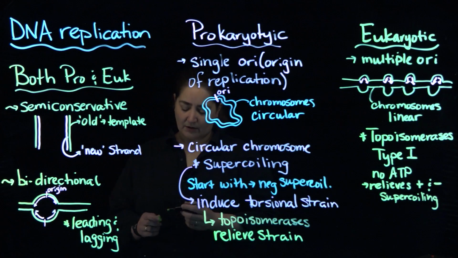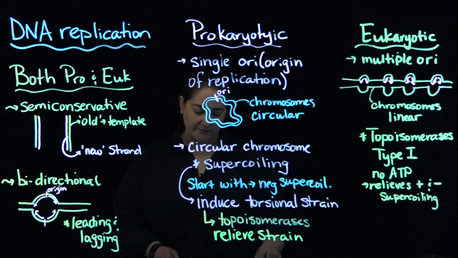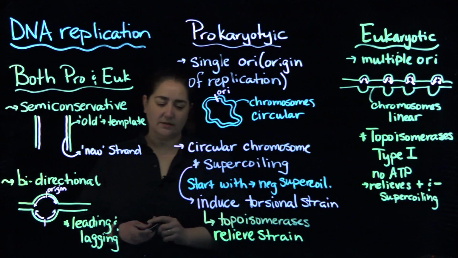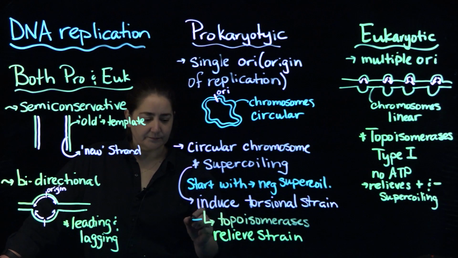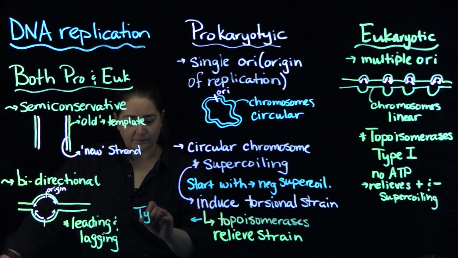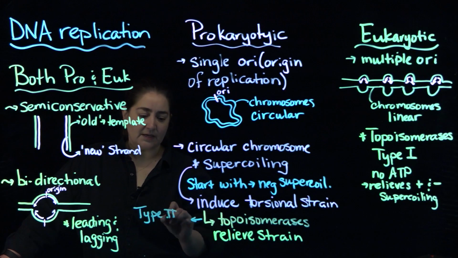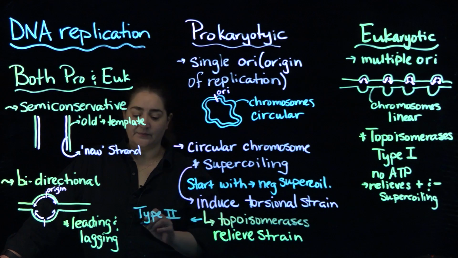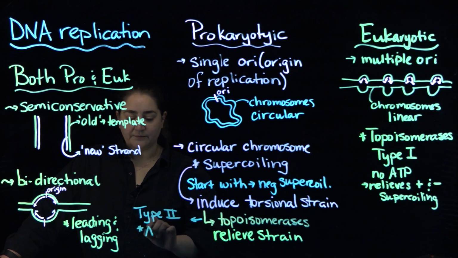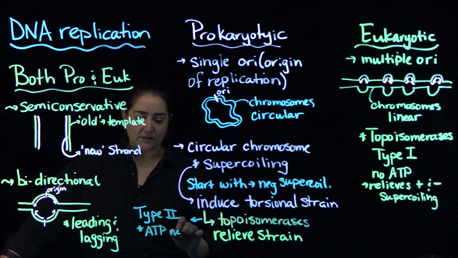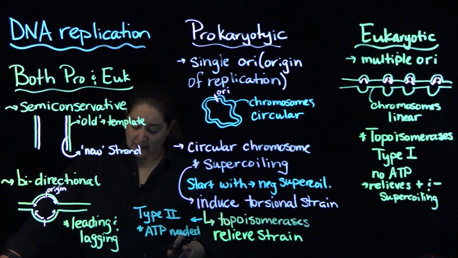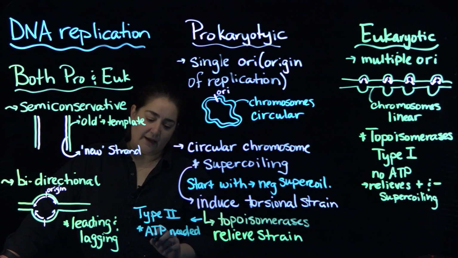So with prokaryotic organisms, our topoisomerase is going to be type 2 topoisomerase. And this one is going to require the addition of ATP. So it's going to be ATP dependent, okay? And this is also going to relieve positive and negative supercoiling.